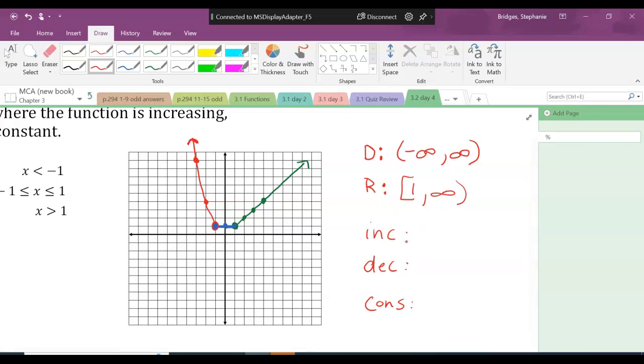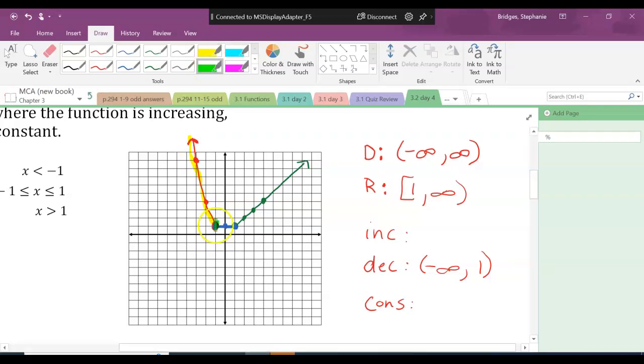Then to determine increasing, decreasing, and constant, we are going to go from left to right. What is the red part doing? Decreasing. So it's going to be decreasing from negative infinity to 1. That's the red part here, decreasing from left to right until we get to that x value of 1.